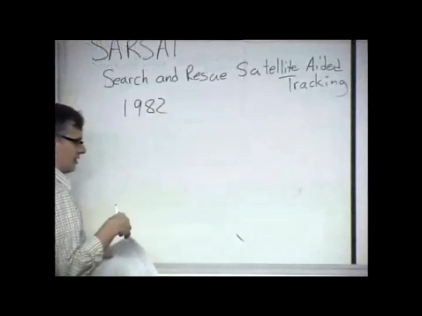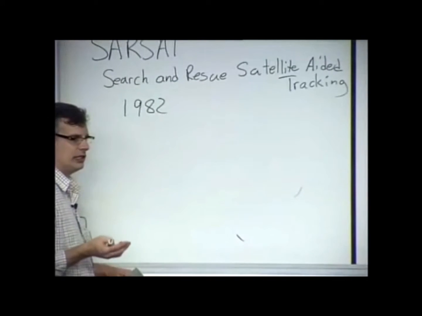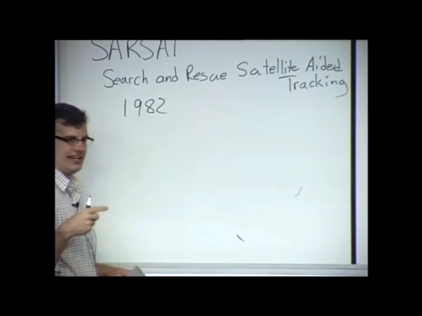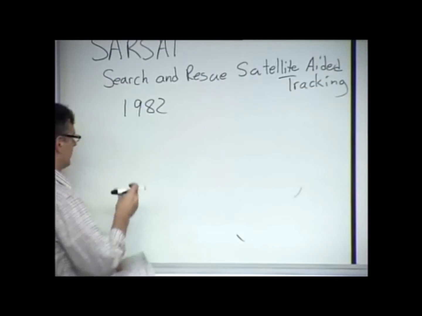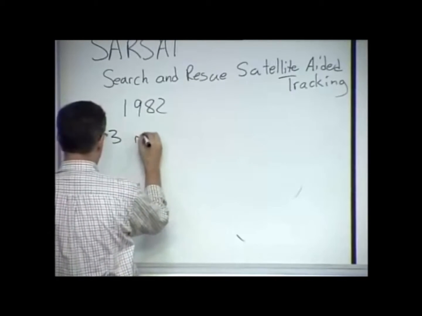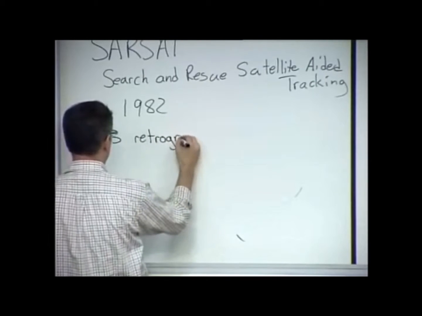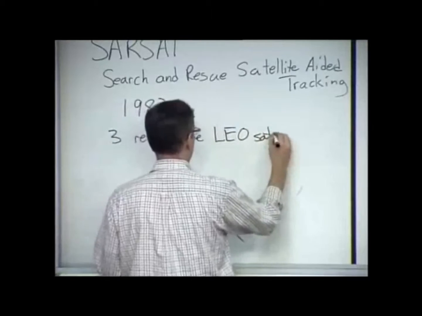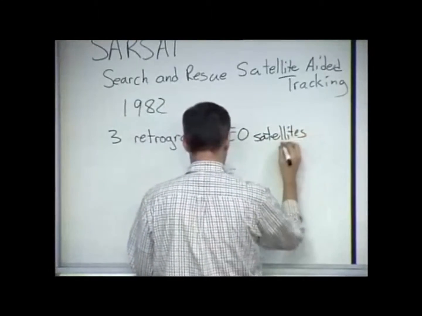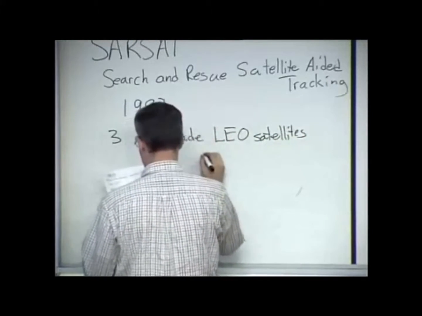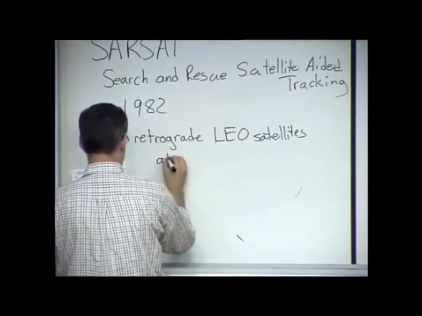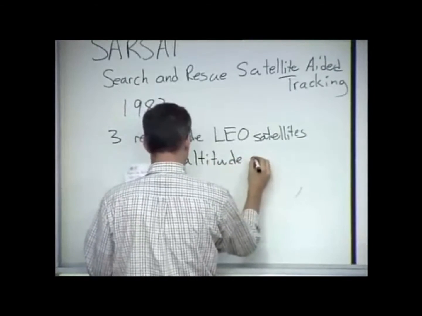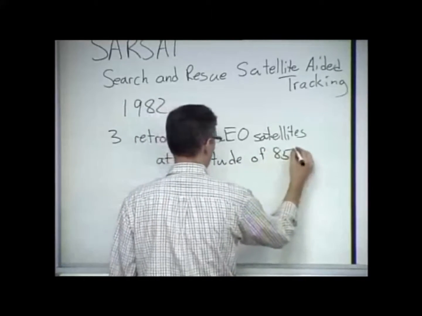There is a system, I believe it was at least 3 low Earth orbit satellites that constantly went over the Earth in a retrograde orbit. So 3 retrograde low Earth orbit satellites at an altitude of 850 kilometers.